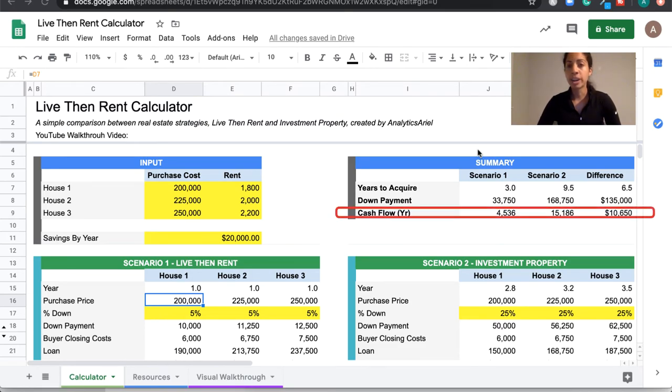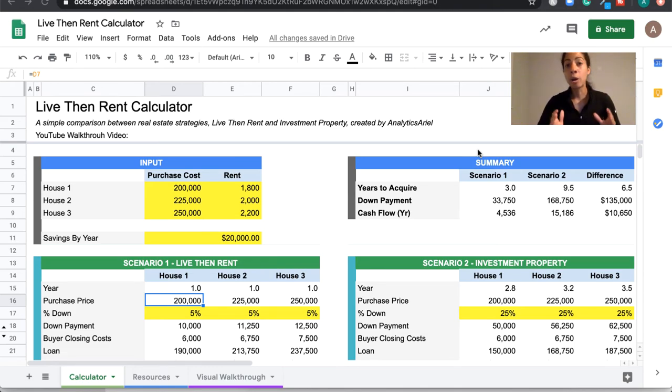You are going to get more cash flow in scenario 2 because you put more money down, but you are losing out on time. You could have gotten more cash flow earlier on, even if it was smaller year by year, by acting quickly.